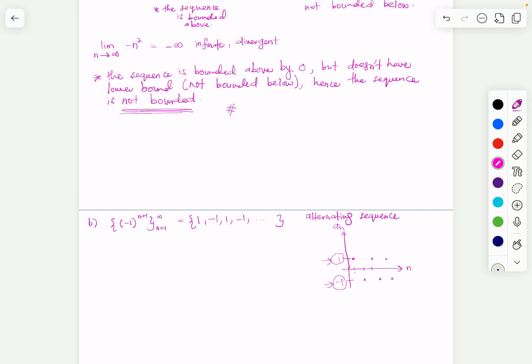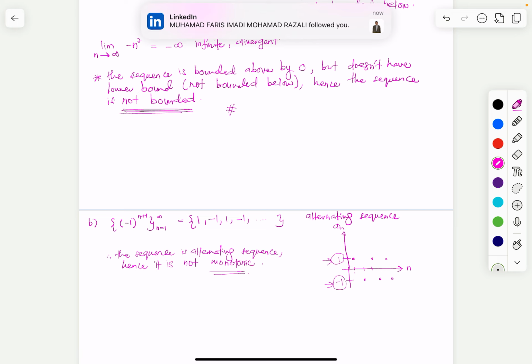From this we can conclude that the sequence is an alternating sequence, hence it is not monotonic. If the sequence is alternating, then it is not monotonic. Okay, this is for the case of monotonic.